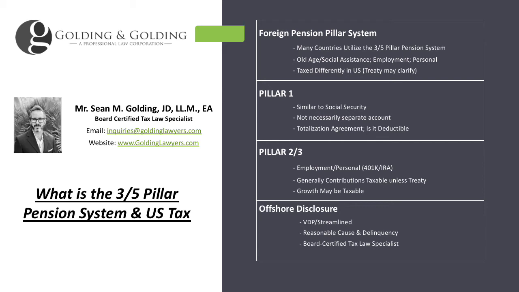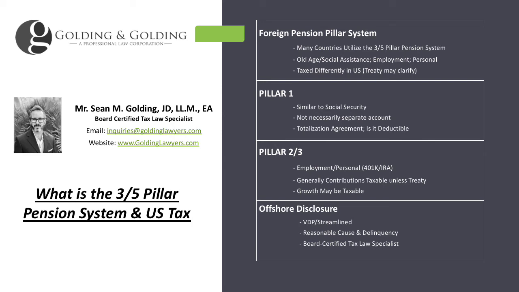In the foreign country, it probably works the same way too, but the U.S. may not accept that. So if there's no treaty, then for sure, 99% of the time, you have to include the full $100,000 salary in your U.S. grossed up income, even if 10% of it, let's say, went into a foreign pension plan.